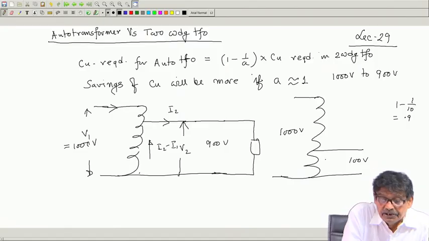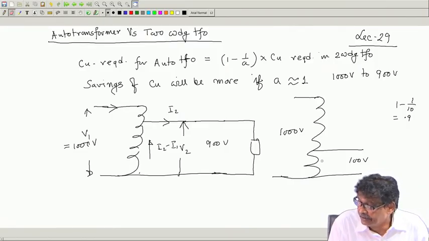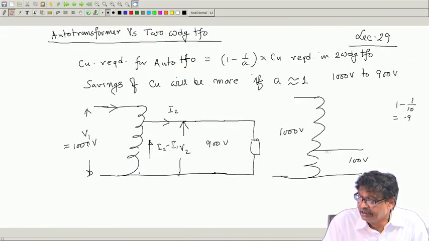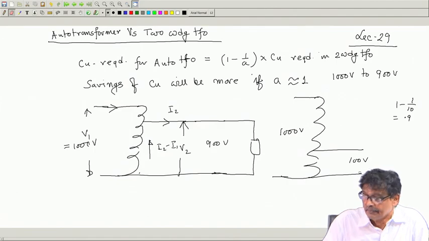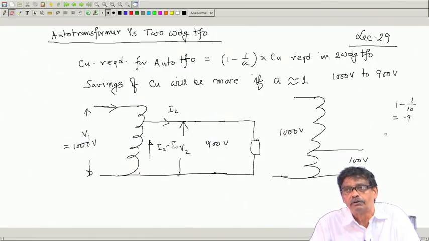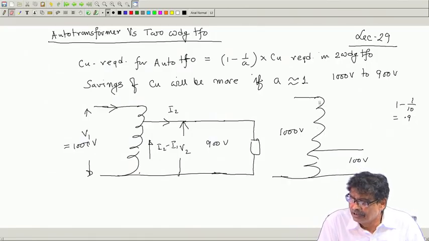But here the issue is, if there is an open circuit here, then you see the load side gets connected to this high voltage side. It will not shoot up to 1000 volt, but it may shoot up to 600, 700 volt. Why not 1000 volt? There will be a drop here in this case.